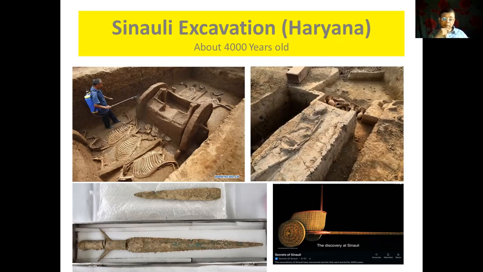But then the Sinauli excavation shows that before the Aryans came, about 1000 BC or so, there were already chariots and maybe horses present. So I think it's a debate which is going on, and nothing is established as yet. But it tells us something about how the civilization progressed in India.